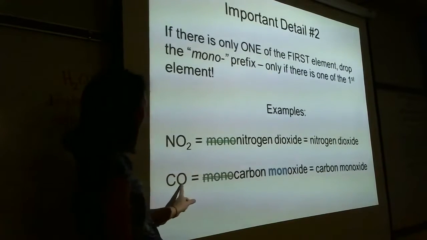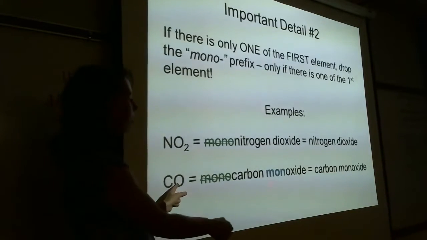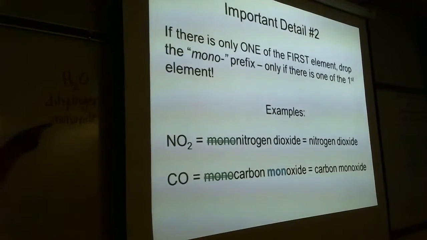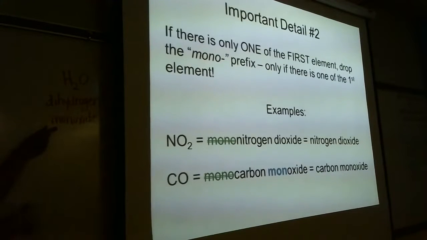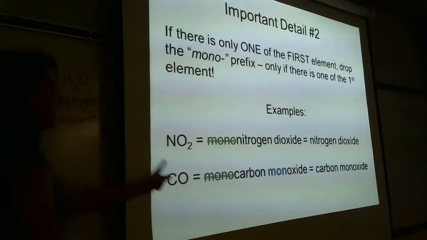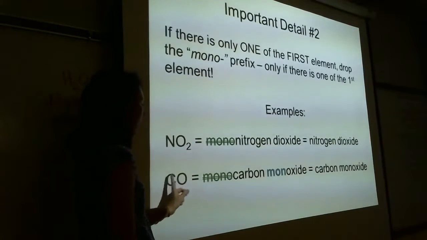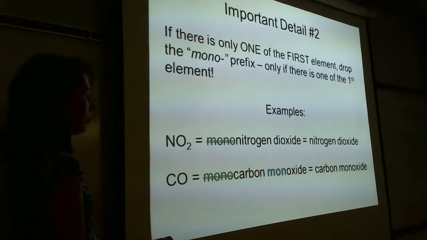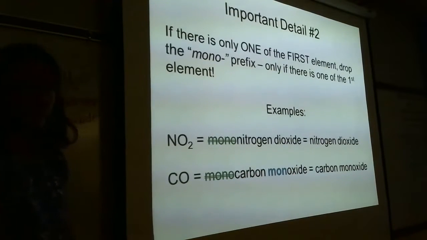Now, if the second element only has one, you still keep the mono, like in dihydrogen monoxide. You still keep the mono, drop the O if it's an oxide. But you still keep that prefix if the second element only has one, but not the first. So it's not called monocarbon monoxide, it's just called carbon monoxide, okay?